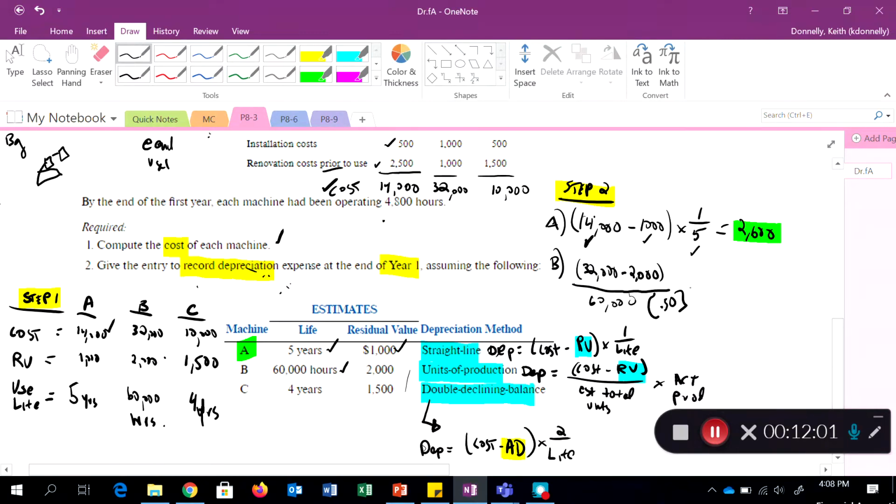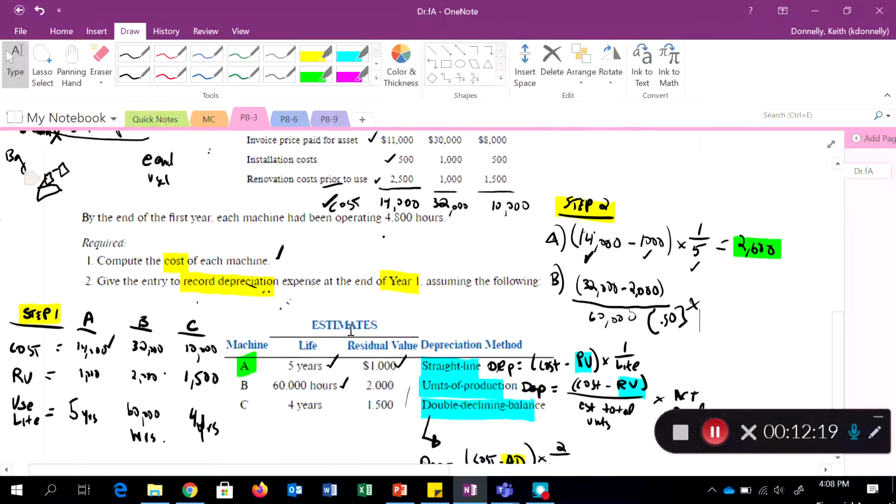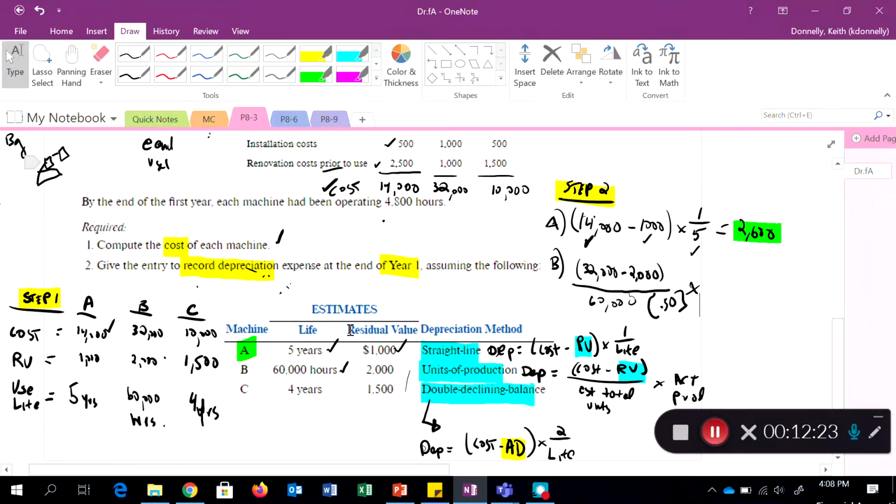But we said actual production for year 1, let's see where they give us that. We know units of production, estimated useful life. It's here somewhere. Is anybody seeing it? I know it's 4,800.